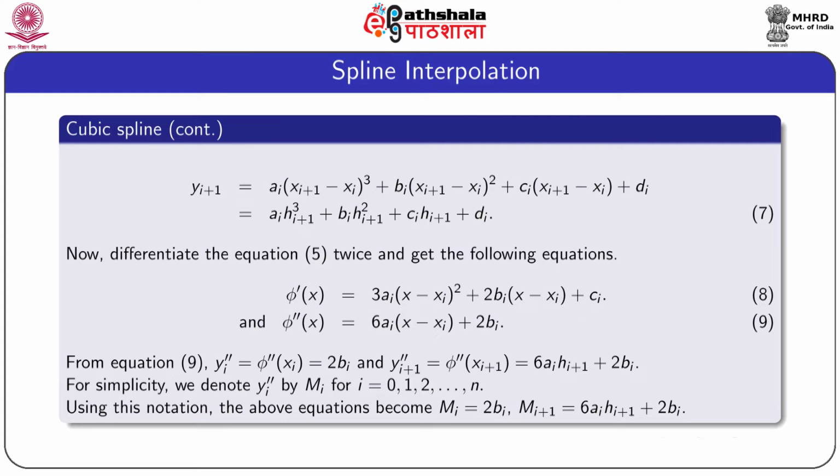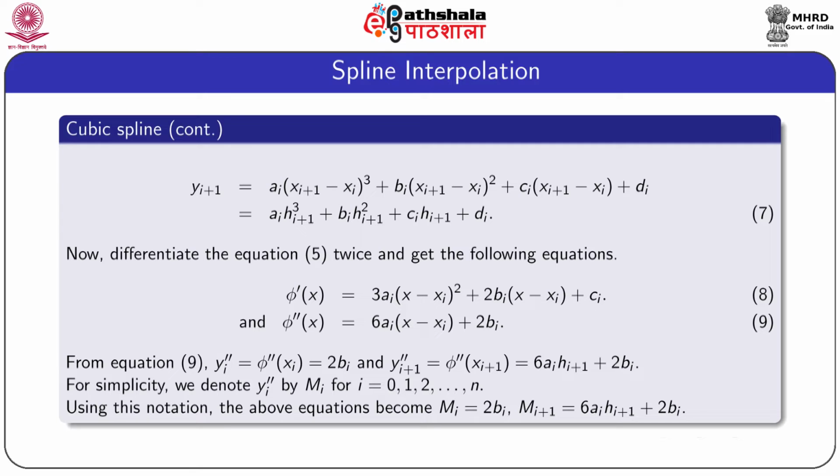This is the first derivative of phi(x), that means the first derivative of p_i(x) also. The second derivative of phi(x) is equal to 6 a_i (x - x_i) + 2 b_i. Now, from equation 5 we see that the second derivative y_i'' equals the second derivative of phi at x_i, which is equal to 2 b_i.